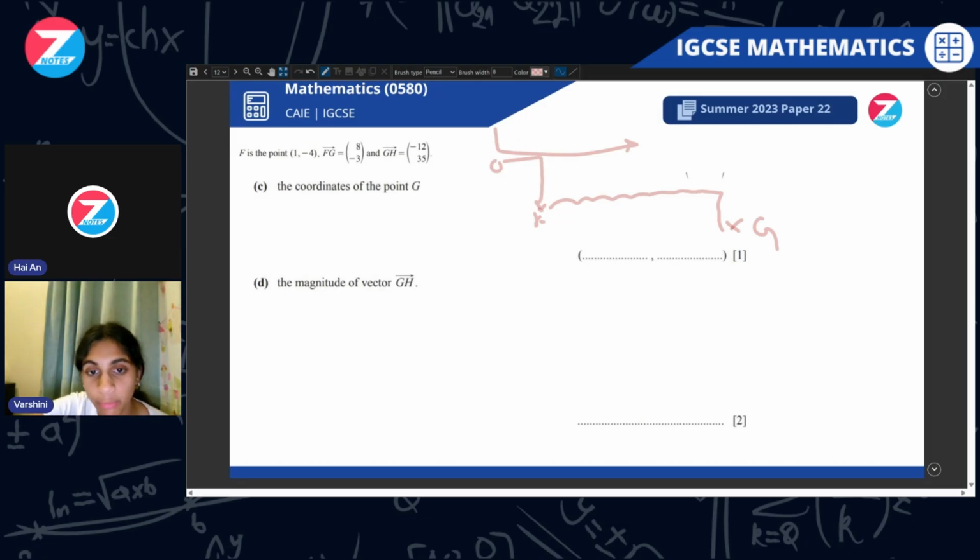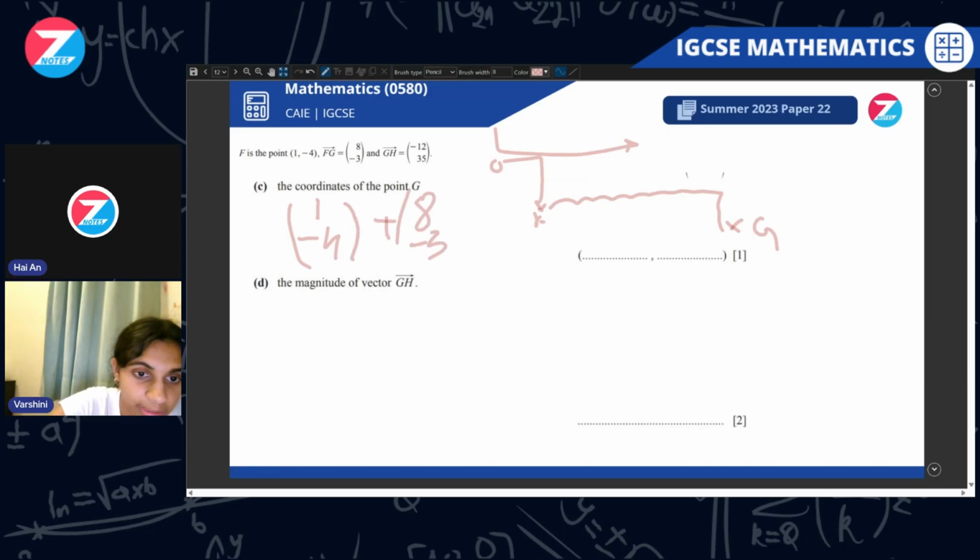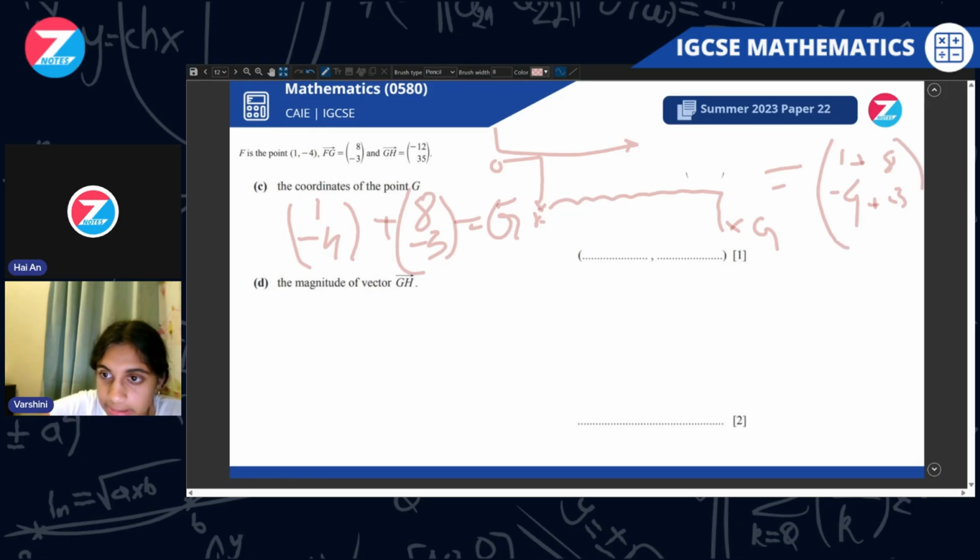So what are we doing here? We're doing nothing but adding 8 and minus 3 to the point F. So let's rewrite F in the same format. 1, minus 4. If we add fg, which is 8, minus 3, we will get G. So now that's going to be 1 plus 8 on the x-axis and minus 4 plus minus 3 on the y-axis.